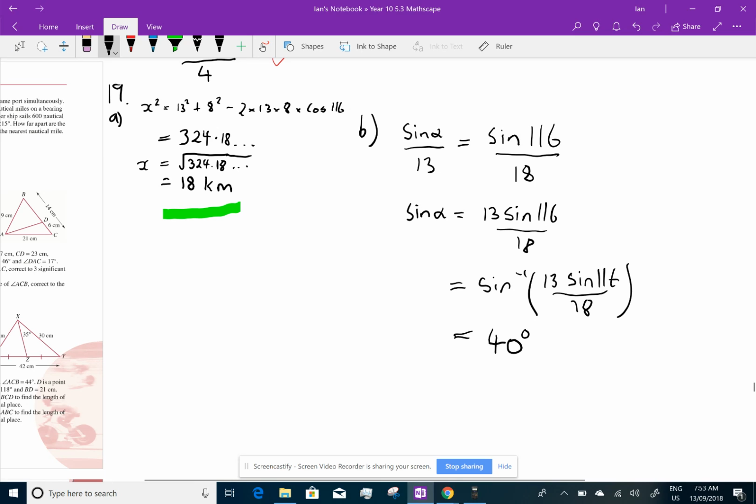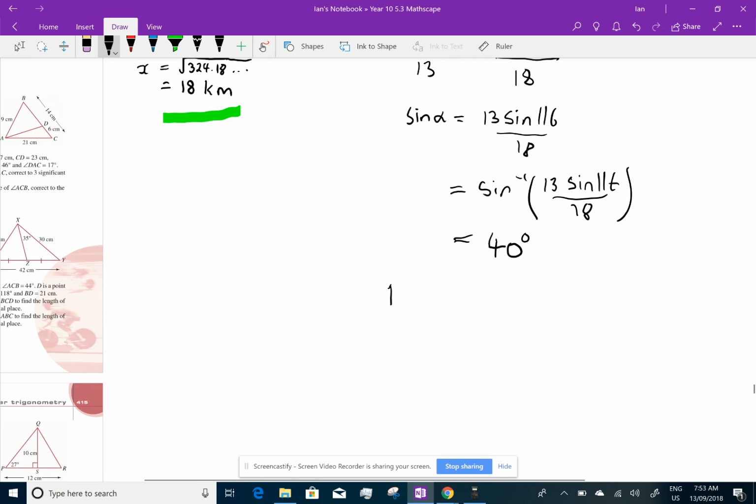So 40 degrees. And I'm looking at 10.8, question 19. They've got 50 degrees. Bearing. So therefore the bearing, remember that's what we're finding, is 90 minus alpha, which is 90 minus 40, which equals, now remember you've got to have 3 digits, 050 degrees.